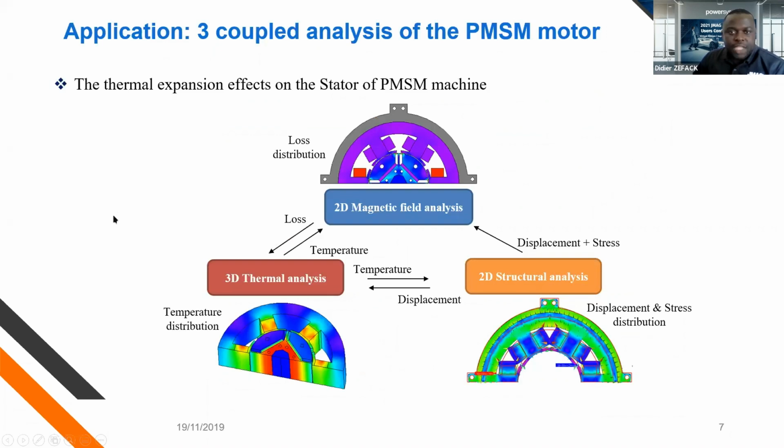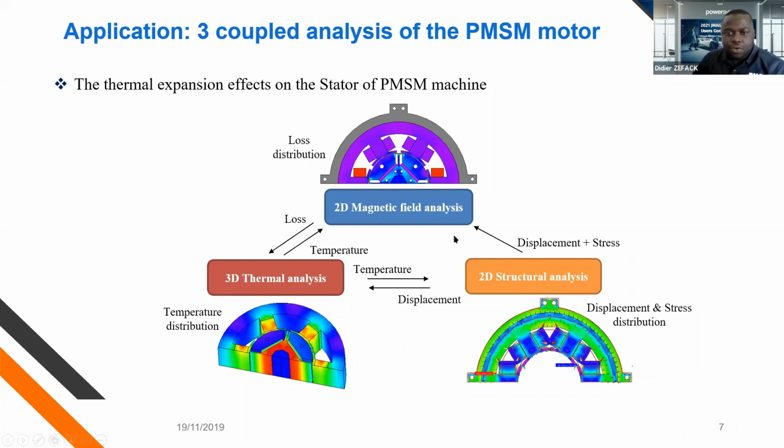Okay. So the first application that I want to show you is about the simple thermal expansion effect on the structure. Here I will try to simulate, for example, the effect of the temperature on the deformation of the stator shape.